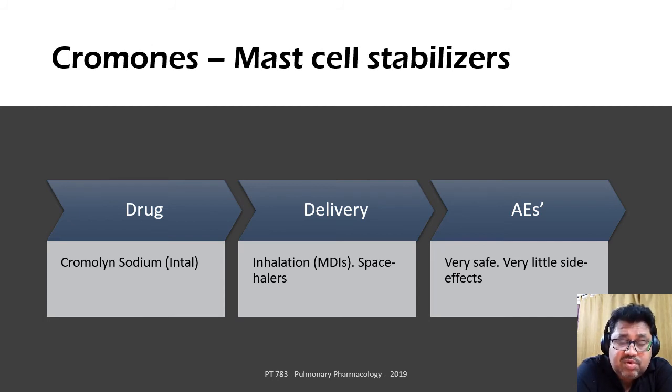The drug will prevent the mast cell from breaking down, and that is why it is called a mast cell stabilizer. The drug is called cromolyn sodium or sodium cromoglycate. Either way you say it, the drug is the only one on the market of this category. It's delivered as a metered dose inhaler via devices such as spacers. The adverse effects are very minimal and there is very little side effect of this medication.